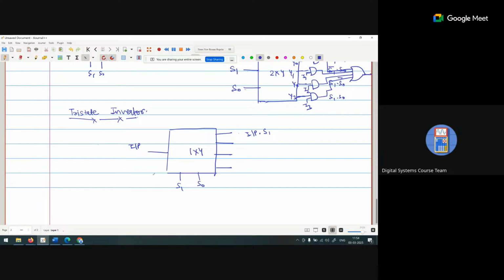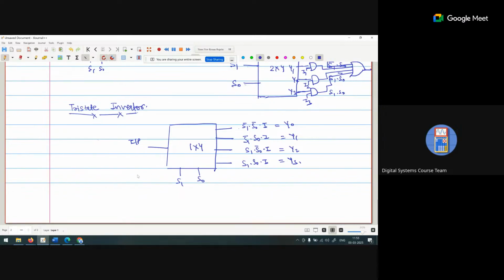The equations are: S1 bar S0 bar input I, S1 bar S0 input I, S1 S0 bar input I, and S1 S0 input I. So I can write these as Y0, Y1, Y2 and Y3.